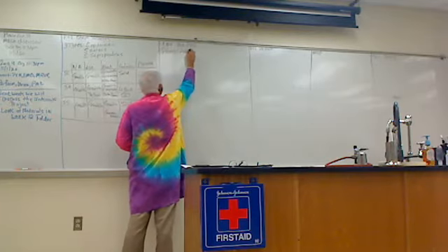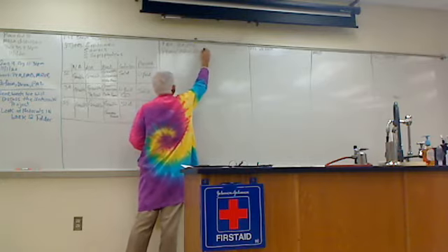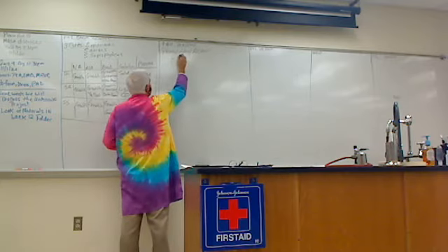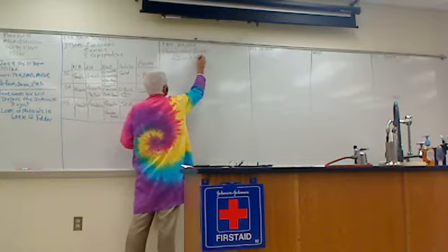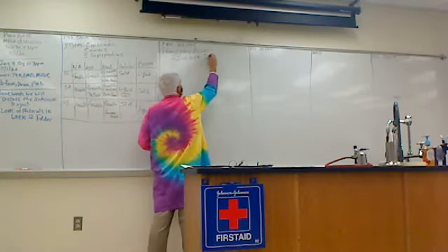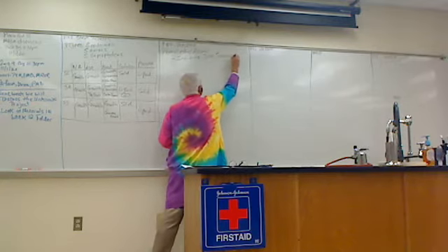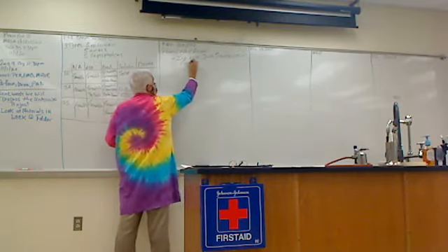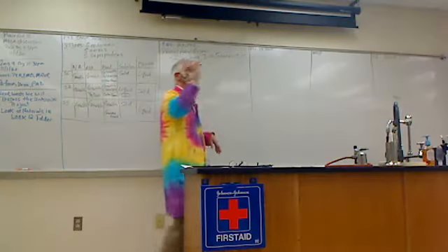PEA stands for phenyl ethyl alcohol, and it inhibits DNA synthesis in gram-negative bacteria. So it inhibits DNA synthesis in gram-negative.